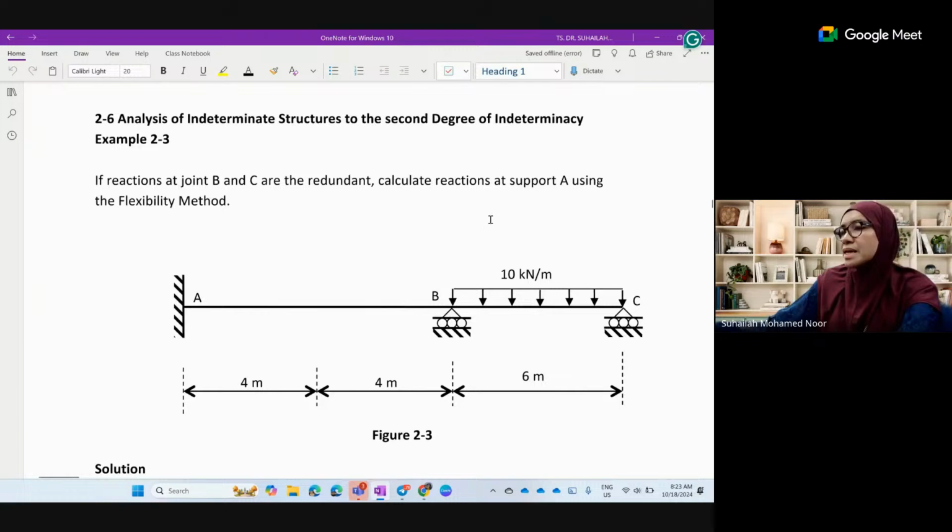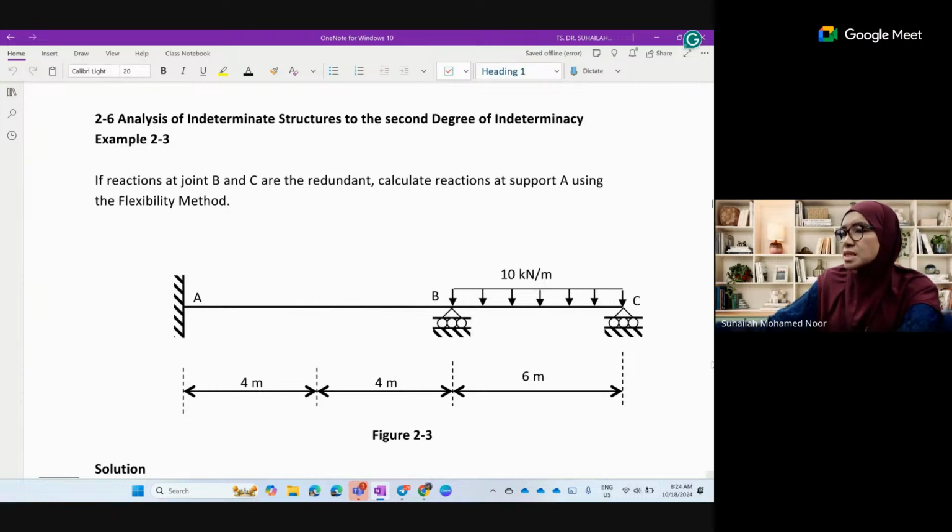For beam analysis, because the redundant comes from reactions, it is externally indeterminate. We have external and internal, and internal thrust only. So for a beam we have an externally indeterminate frame, a beam to the second degree of indeterminacy.